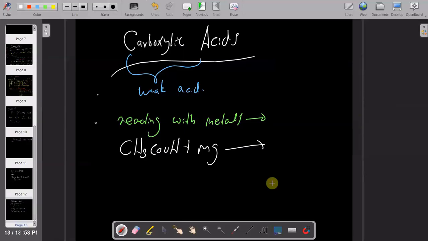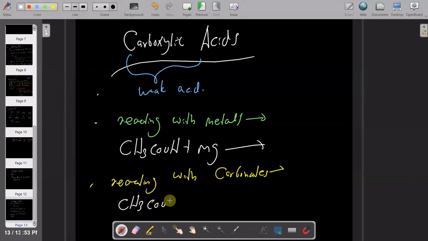And the other one is reacting with carbonates. Now you should know reacting with carbonates. Let's say sodium carbonate. Write the products.